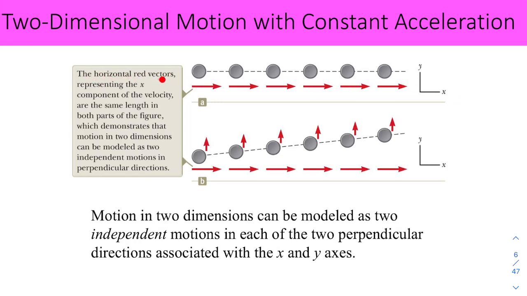The horizontal red vectors representing the X component of the velocity are the same length in both parts of the figures, whether part A or part B, which demonstrates that the motion in two dimensions can be modeled as two independent motions in perpendicular directions.